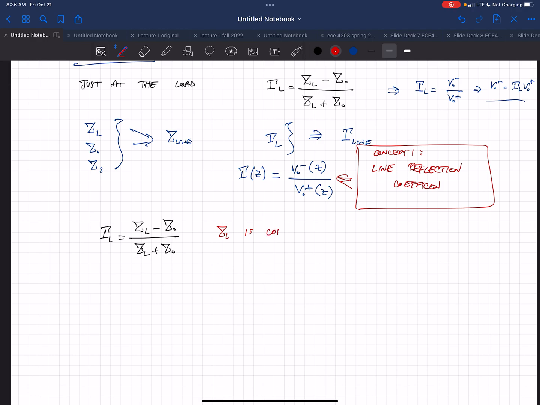So Z sub L in general is complex, meaning that gamma sub L is also going to be complex.